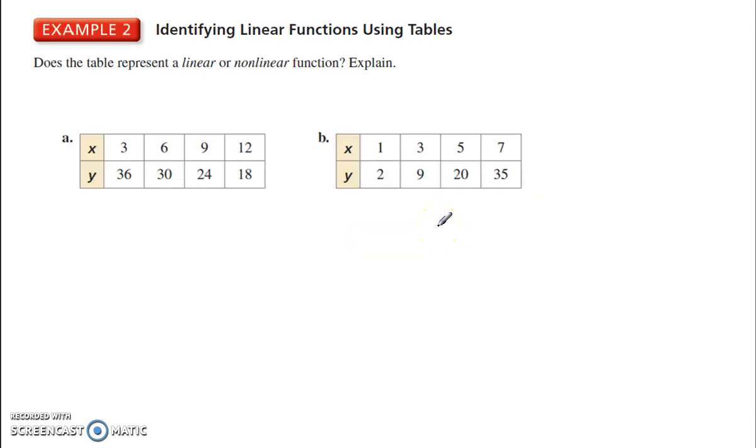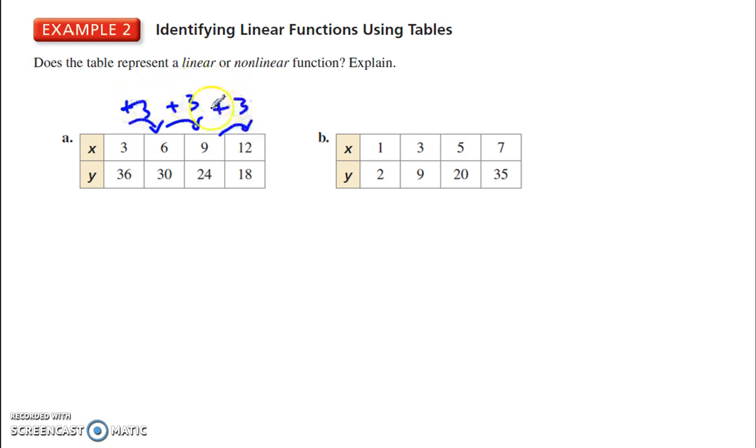All right, if we look at this table, we want to see, is it linear or non-linear? Well, we could graph it and check, is the graph a line? Or we can check its rate of change. So here the difference is plus 3, and here plus 3, and plus 3.